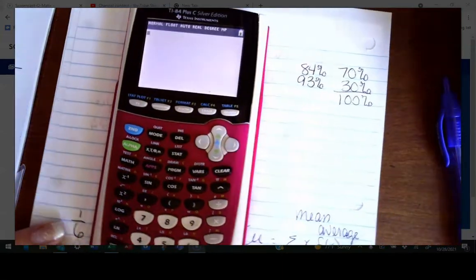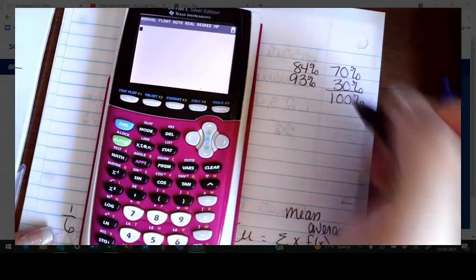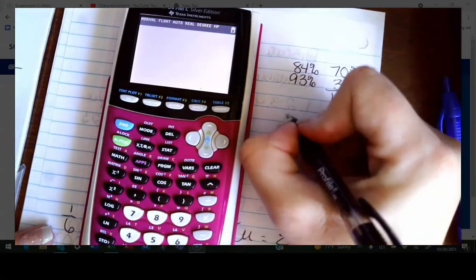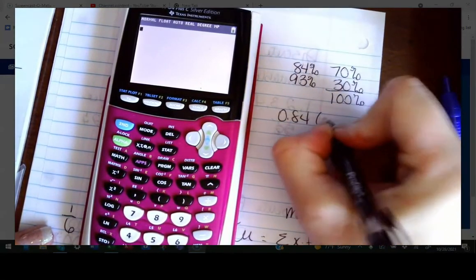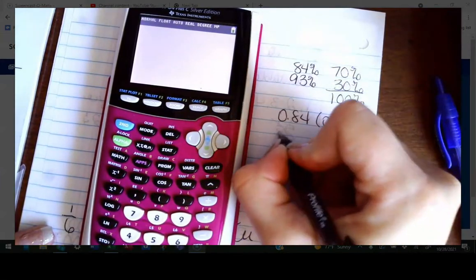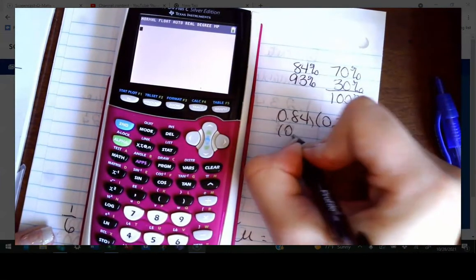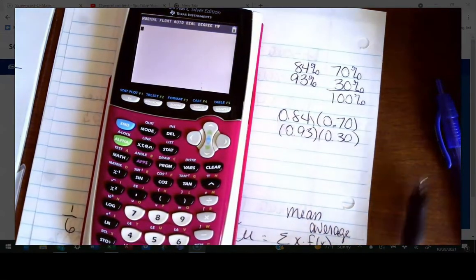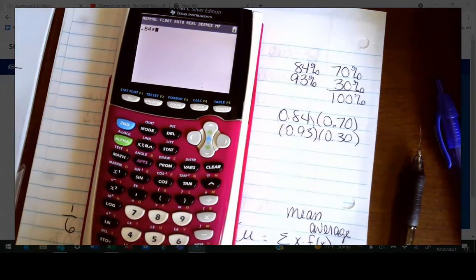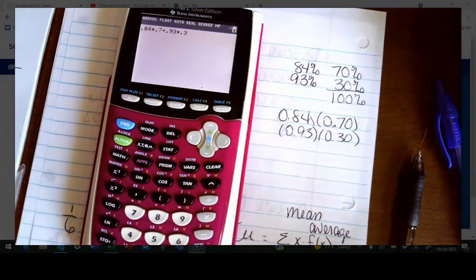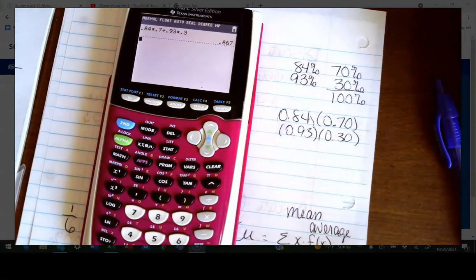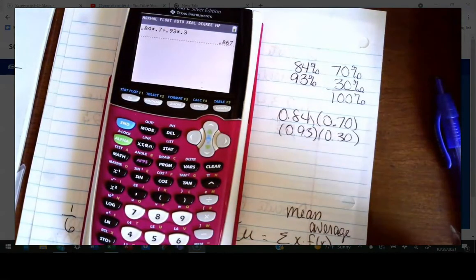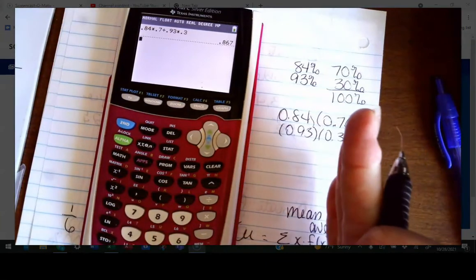Okay, so what we do in grading world is we take your 84% times your 70%, so 84 times 70, and then 93 times 30, and we add those together. So 0.84 times 0.7 plus 0.93 times 0.3 gives you 0.867. So for the course, you would have an 87%. That's how we figure out your grade.